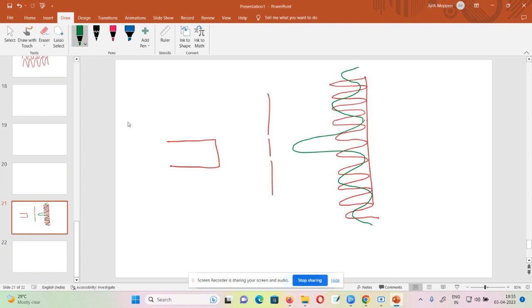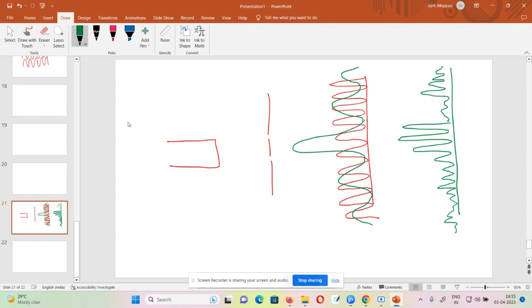The combined effect will be something like this. This is in the case of two slits.